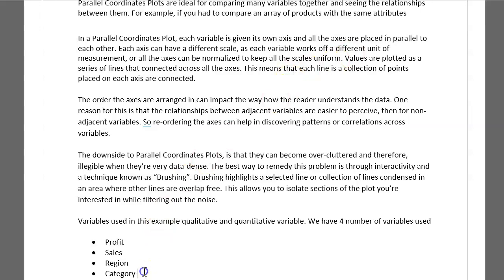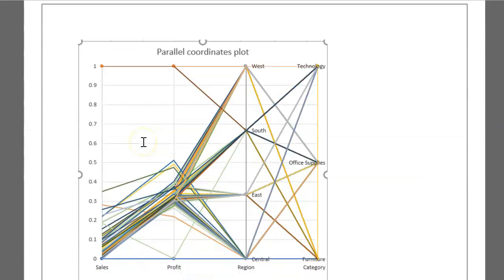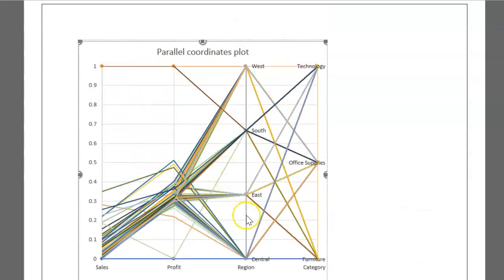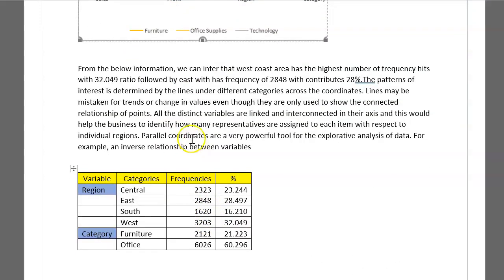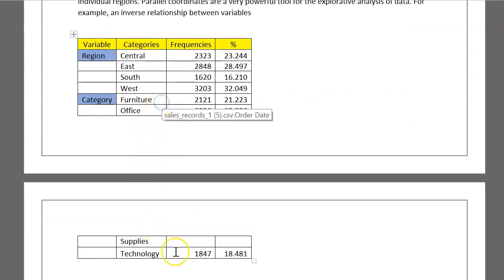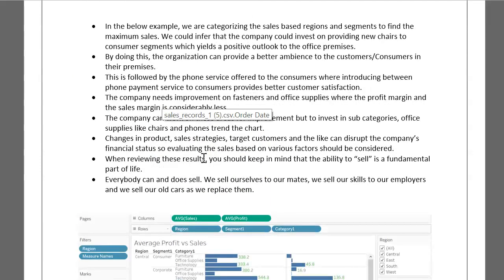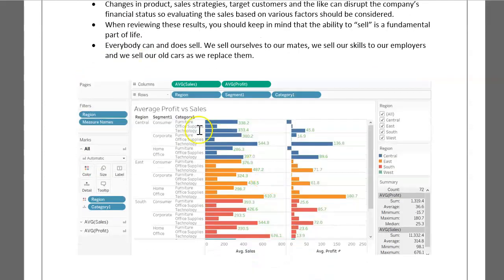Here we have sales, profit, region, and category, and each sale can be linked with the profit, region, and category. The regions, central, east, south, west, and the categories furniture, office supplies, and technology will be useful to check the frequency and the category based upon this one.